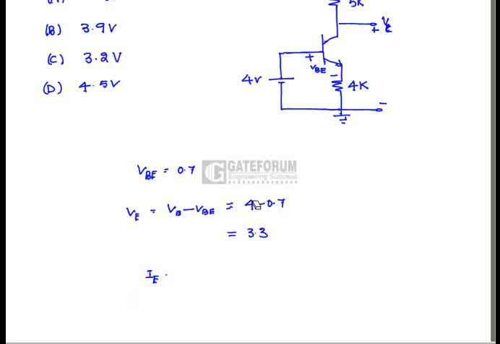IE is equal to VE by RE, which is 3.3 divided by 4K, equals 0.825 milliamps. We are assuming IE is approximately equal to IC.